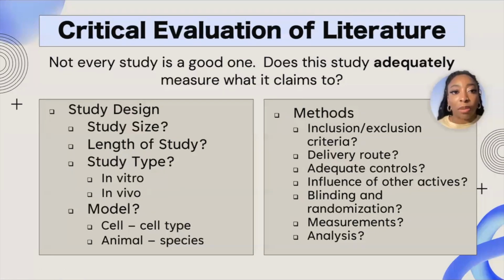Earlier, I also talked about how we want our studies to reflect real use conditions. Here's a list of things to keep in mind and considerations for when we are reviewing the literature. First, study design. What are the size of the studies? How long were they conducted? What type of study and what type of model did they use?